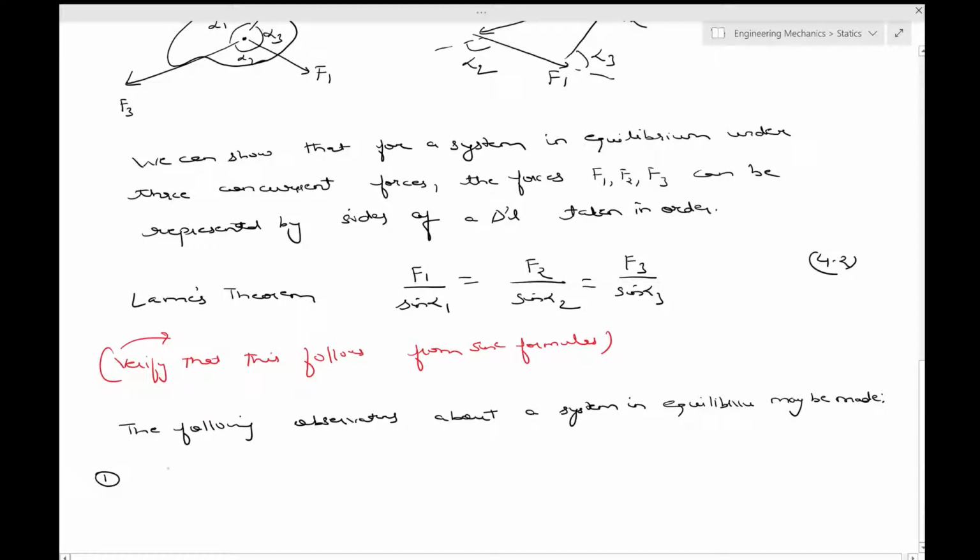So if you have, say, a part P of a system, when I say system, it can be a system of many rigid bodies, or it can be a part of a body.